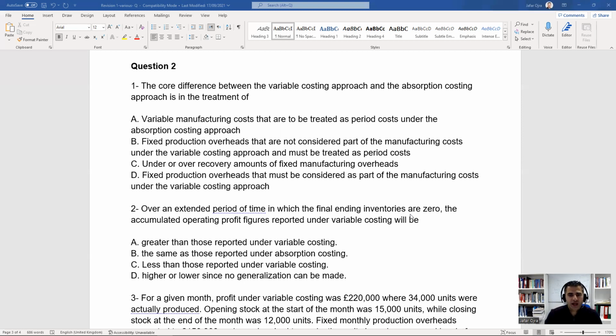Fixed production overheads that must be considered as part of the manufacturing cost under the variable cost: that's wrong, but don't get confused. That is not considered under variable costing. These fixed production overheads are considered a period cost under variable costing. So the answer is B.